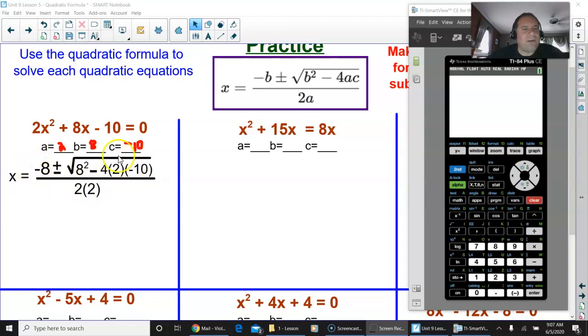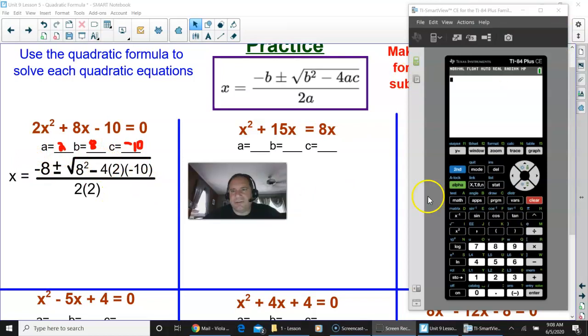So once you have that substituted in, what I would do is put all of this inside the calculator. So it's 8 squared, you know it's 64, but you could put it directly in the calculator: 8 squared minus 4 times 2 in parentheses, and then in parentheses negative 10, close the parenthesis and enter, and you get 144.